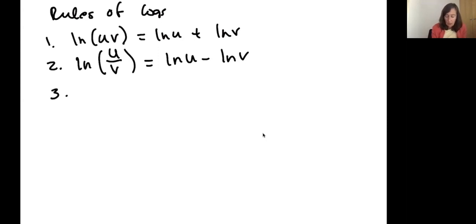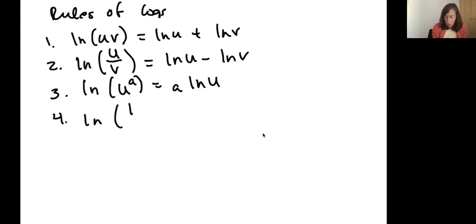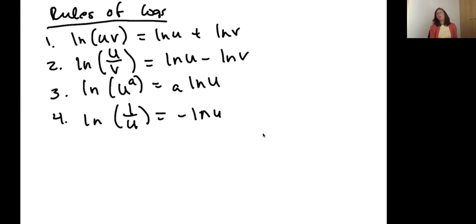The log of u to the power a is a times the log of u. And rule 4, the log of 1 over u equals the negative log of u.